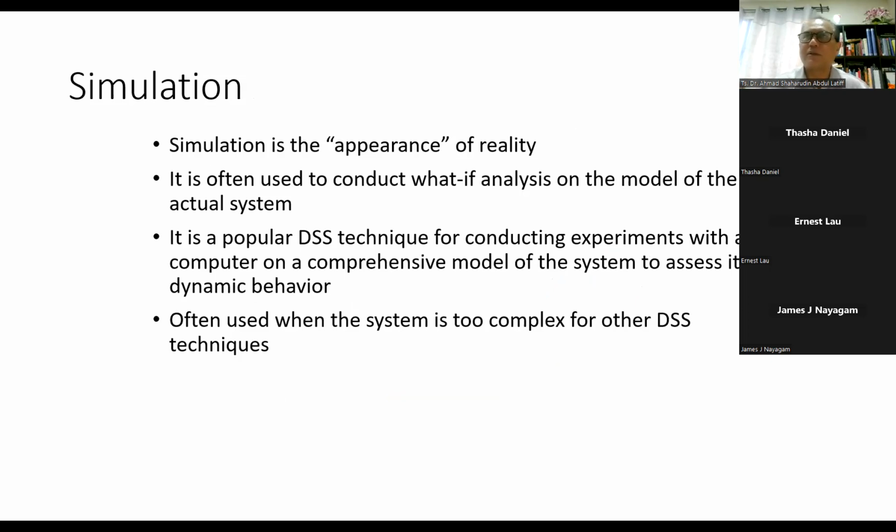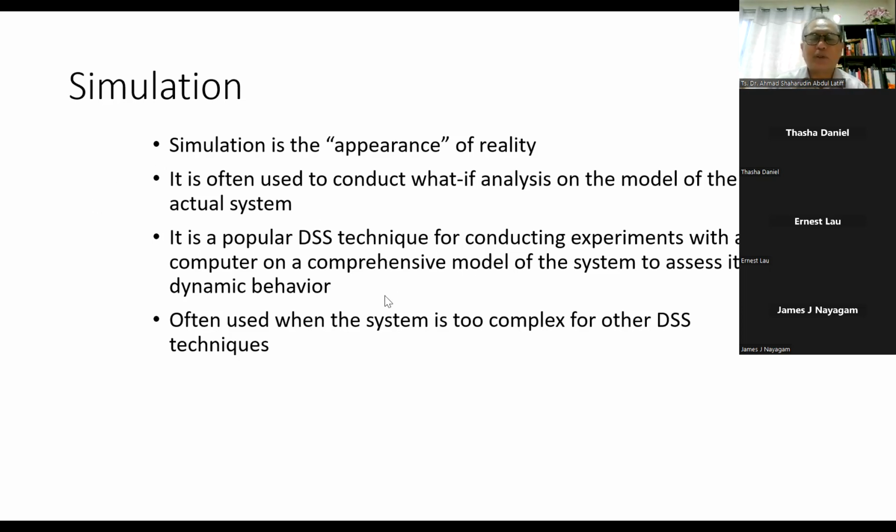Decision variables, you can decide on them. It is not the final decision, but you can decide on it. You put in the decision variables, and then it will simulate to produce the result variables.